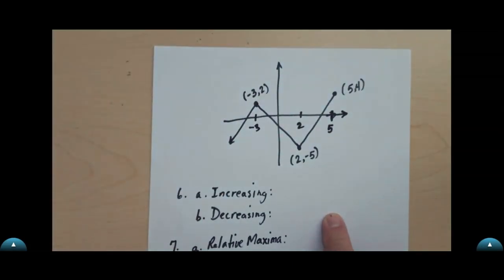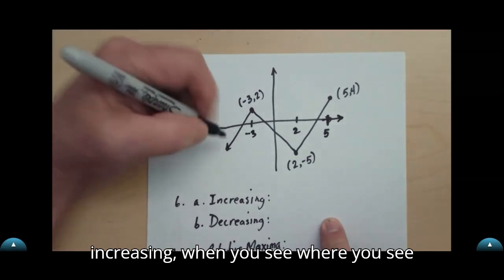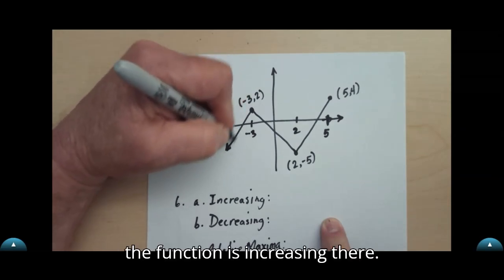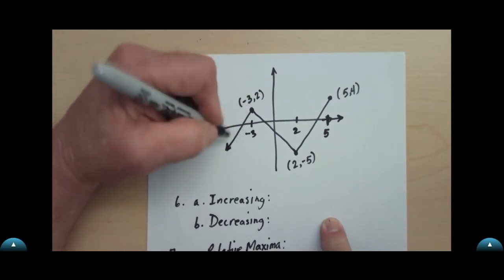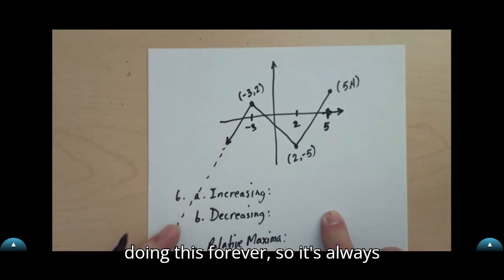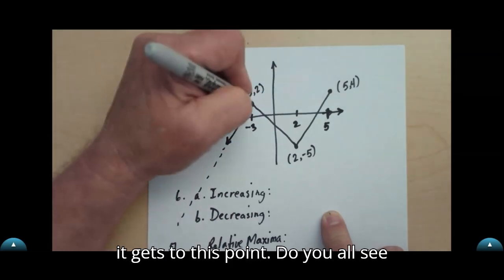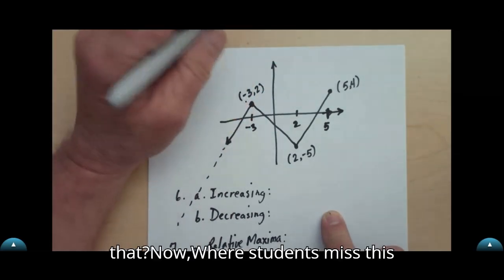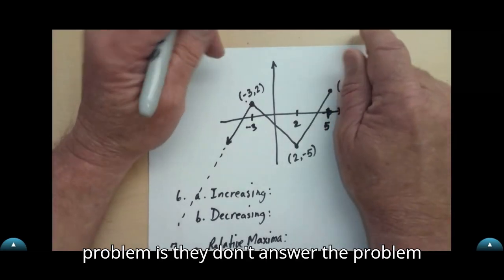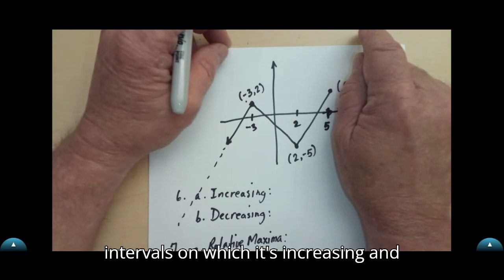So remember, increasing, where you see this graph rising from left to right, the function is increasing there. Notice the arrow out here means it's doing this forever, so it's always increasing all the way up until it gets to this point. Do y'all see that? Now, where students miss this problem is they don't answer the problem correctly. You're asked for intervals on which it's increasing and decreasing.